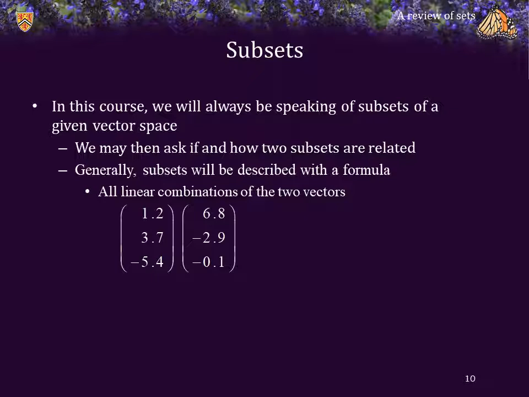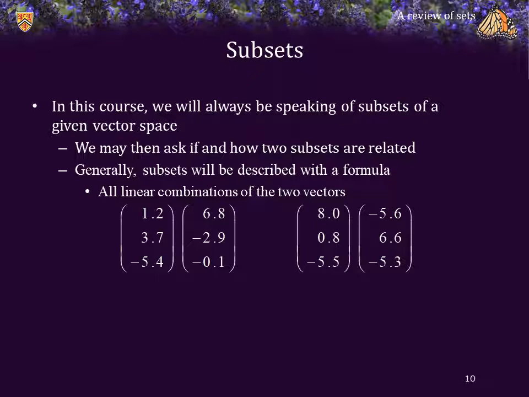So let alpha equal 1.7 and beta equal 2.5. Then 1.7 times the first vector plus 2.5 times the second vector is a linear combination of these two vectors. However, I'd like to consider all linear combinations of these two vectors.